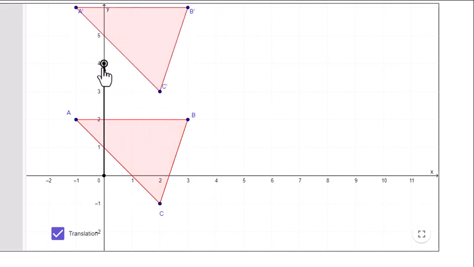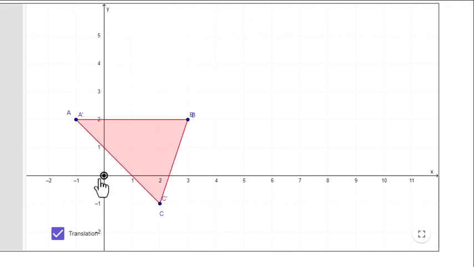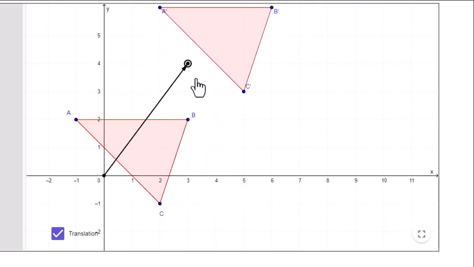Maybe I slide it up 4 and over 3, and that translation would be described as moving it to the right 3 and up 4, or vice versa. It doesn't really matter. You'll end up in the same spot either way. So that's the basic idea of a translation.